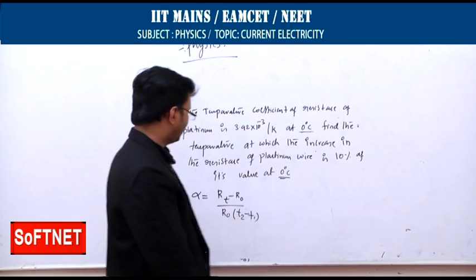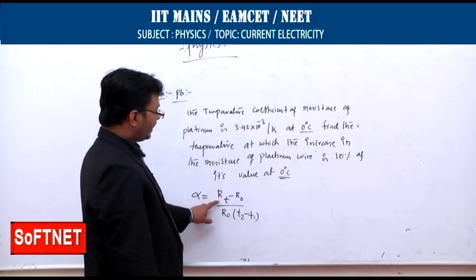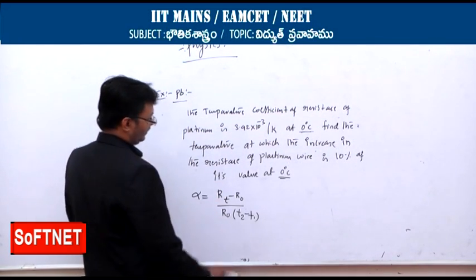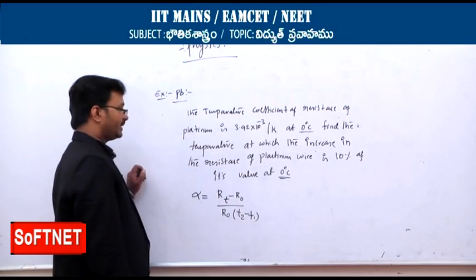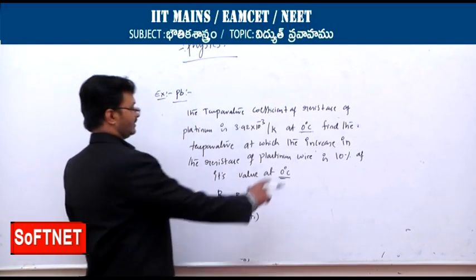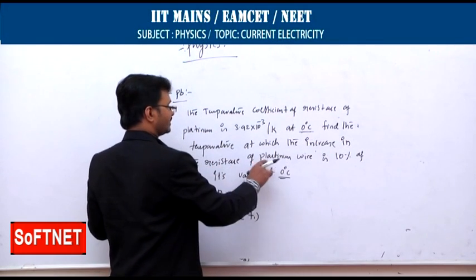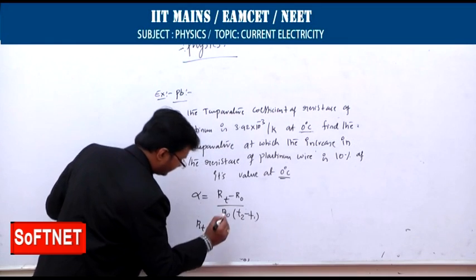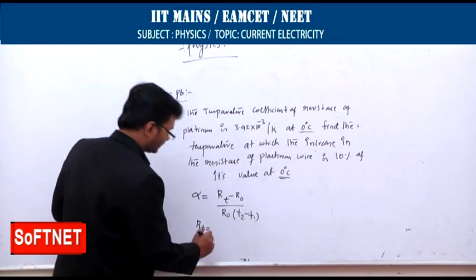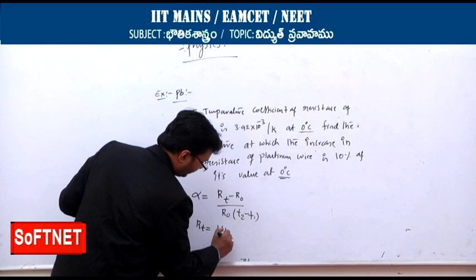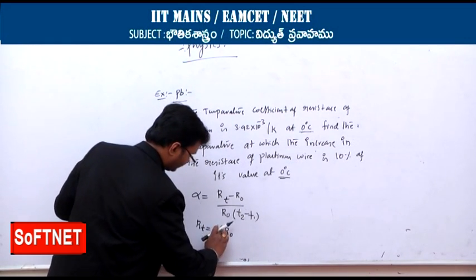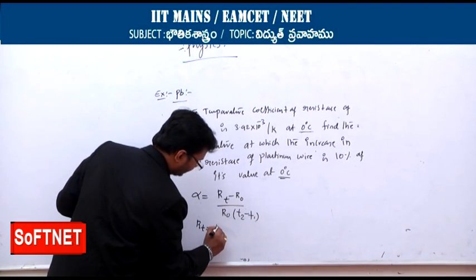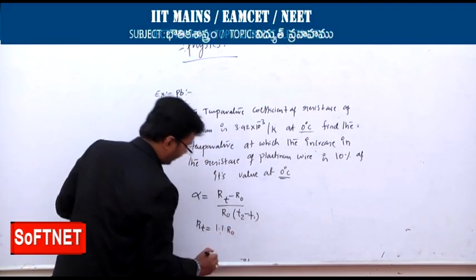Here substitute RT, what they are giving: 10% of its value at 0 degree. R0 is the resistance at 0 degree, so RT will become 10% more than R0, which is 1.1 of R0.